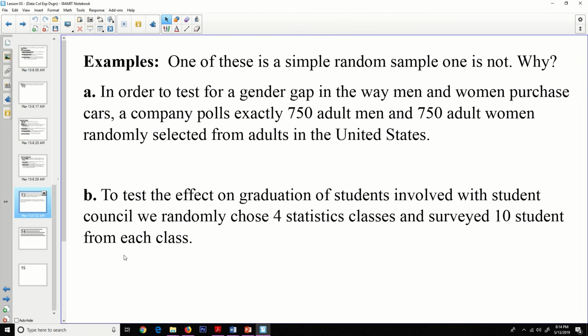A is a simple random sample because each sampling group of 750 adults has the same chance of being selected.